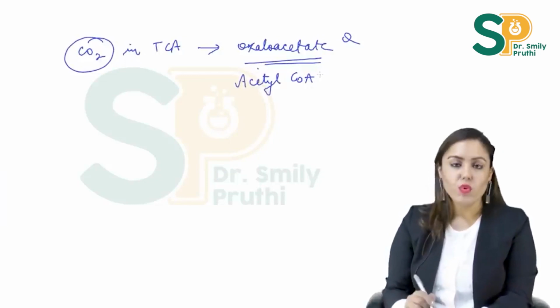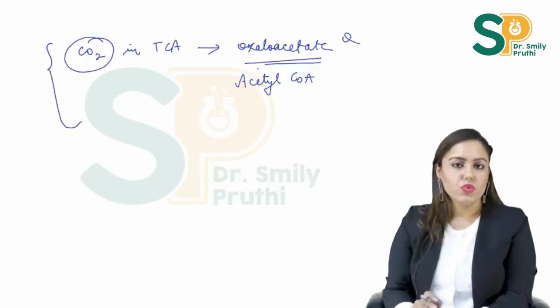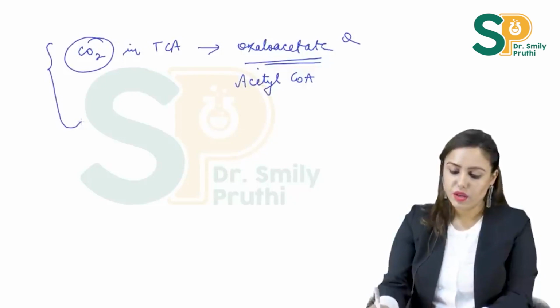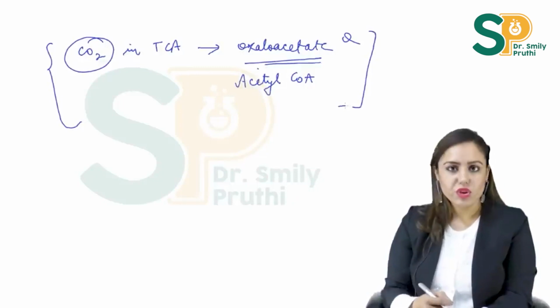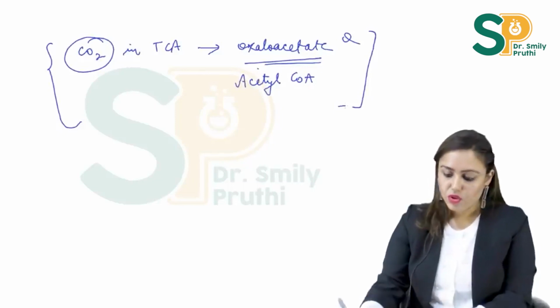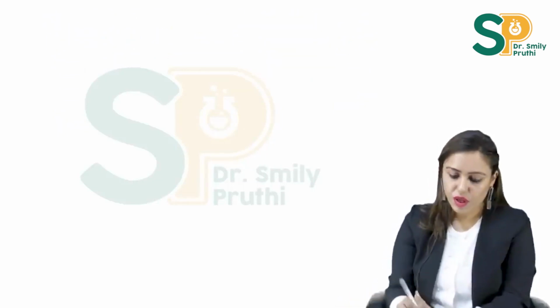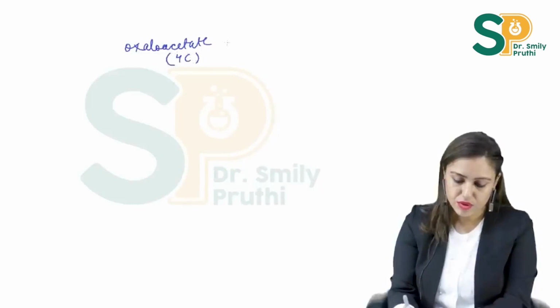Now, I am going to tell you the detail of this also. If you don't understand the detail, then you should cram only this much, right? But once in the video, I will be taking this detail, watch it once. If you understand, okay, go with the concept, otherwise cram this, okay? So, let's see the detail. What happens actually, oxaloacetate has 4 carbons.